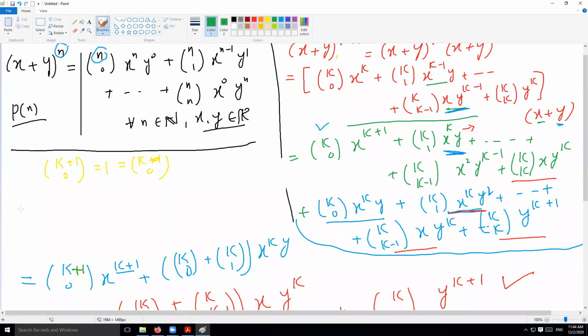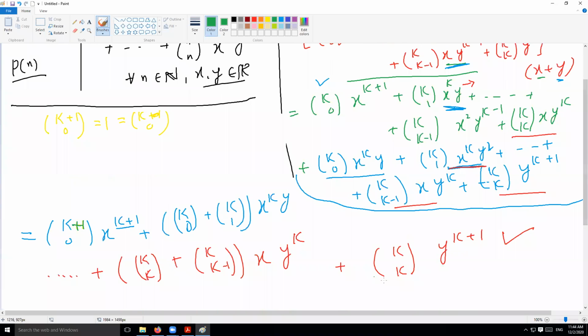Similarly, let's think about the last term. What would k choose k be? You can calculate that k choose k is 1. But you can also calculate that k plus 1 choose k plus 1 is also 1. So if it is 1, I can rewrite this expression as k plus 1 choose k plus 1.